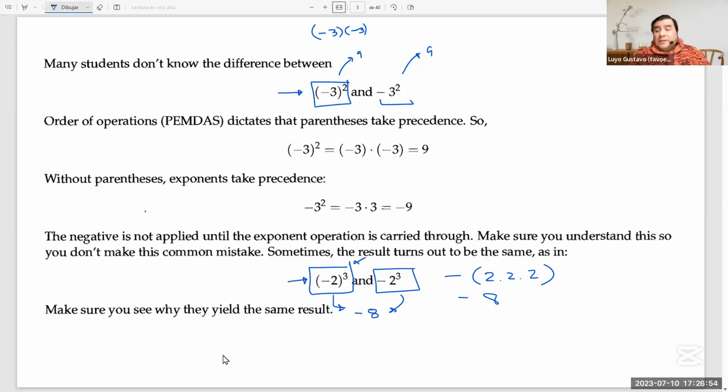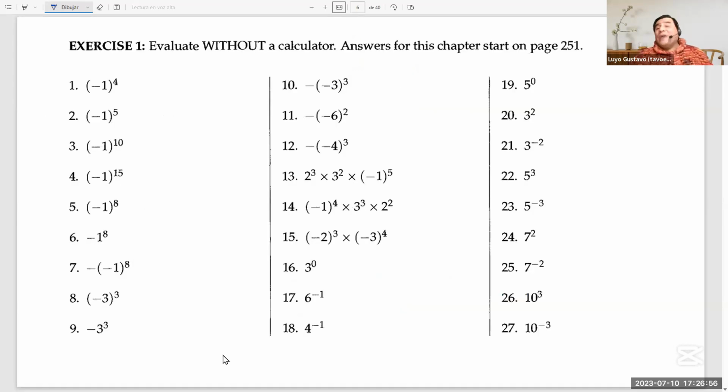Okay, so considering this, we can try a few exercises, okay? So you can try this one, and if you have a notebook or somewhere to write, you can note down numbers from 1 to 27.